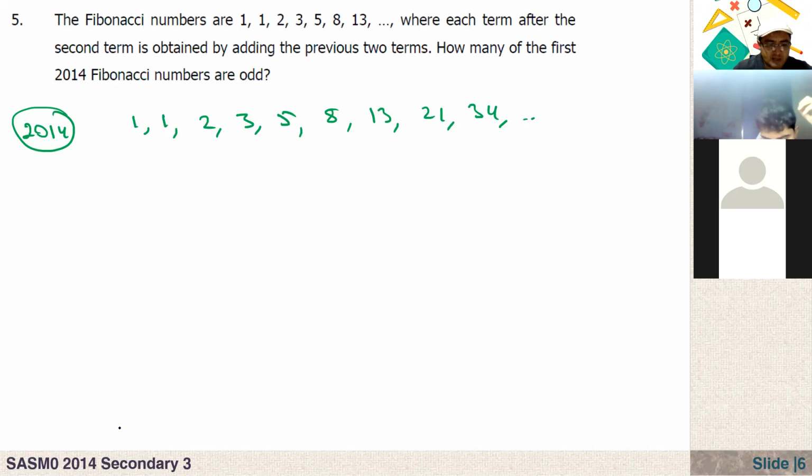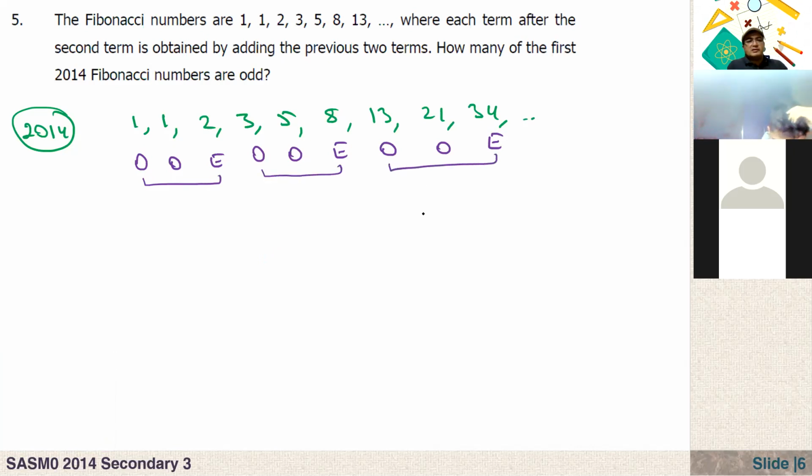So if you look at these numbers, the first one is odd, odd, even. And 3 is odd, 5 is odd, 8 is even. Again, odd, odd, even. If I group in 3s, 2 of these 3 numbers are odd, right?